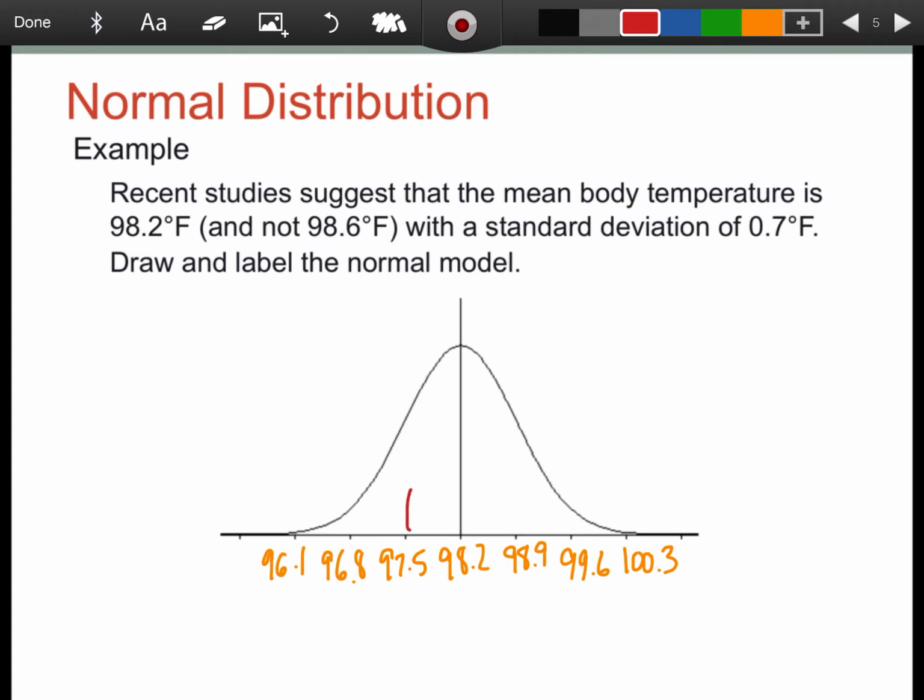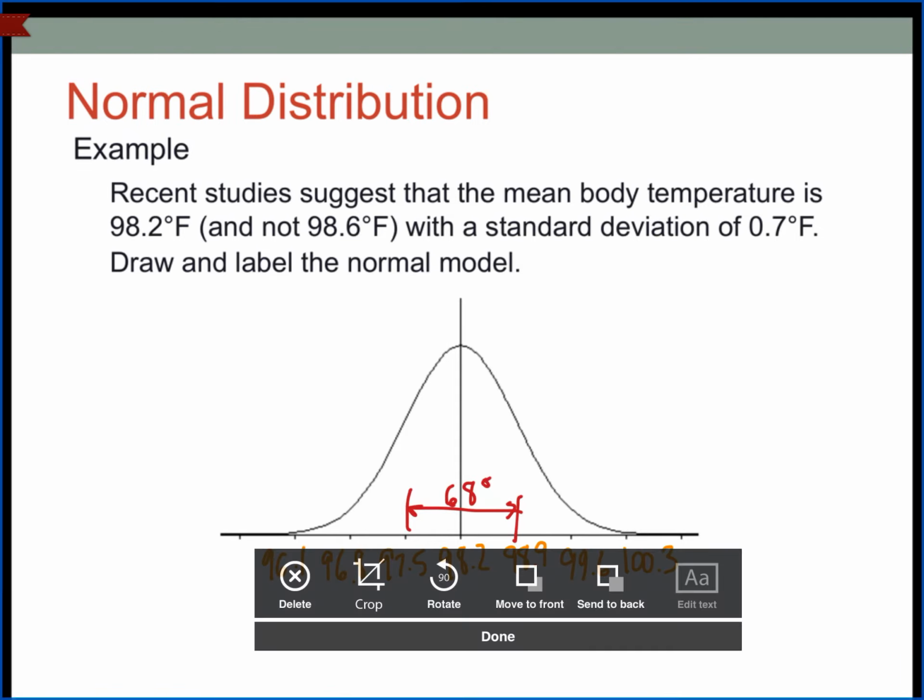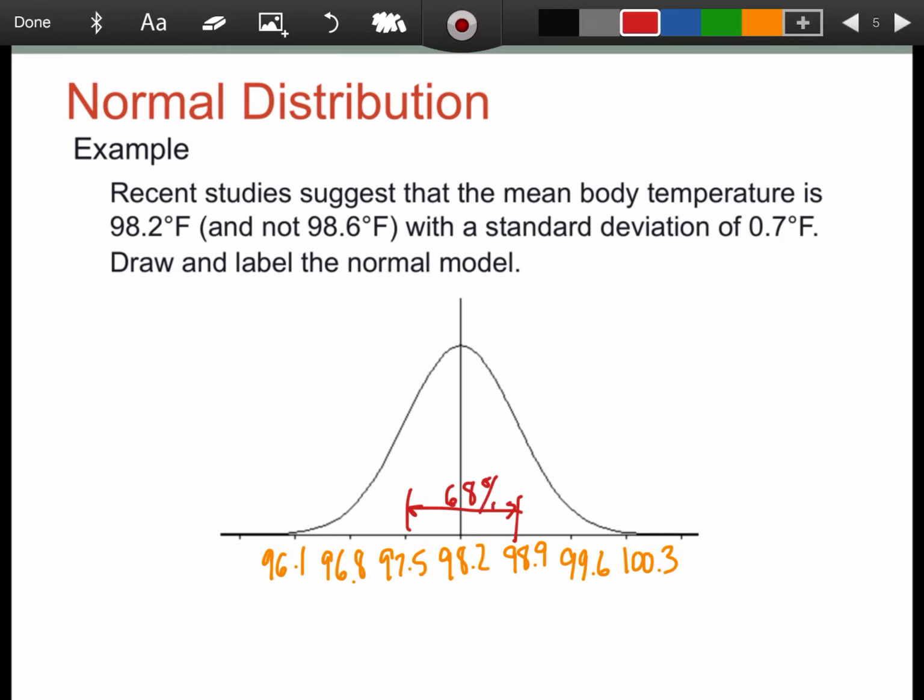All right, so now I can go ahead and label this. So that's 68% of all people have a normal average temperature between 97.5 and 98.9. Now if I go to 95% of the data, 95% of people have an average body temperature between 96.8 and 99.6.